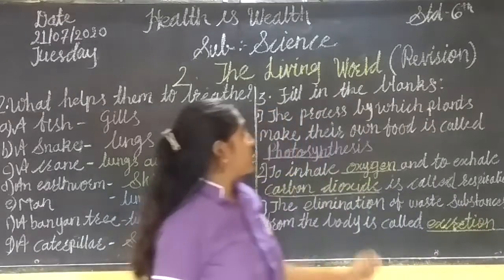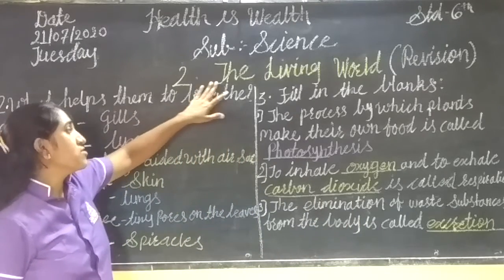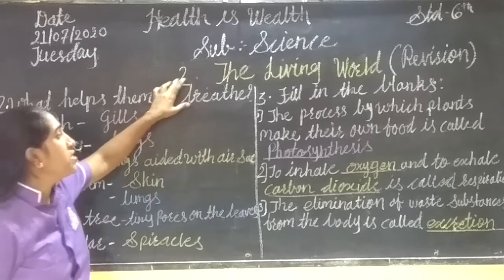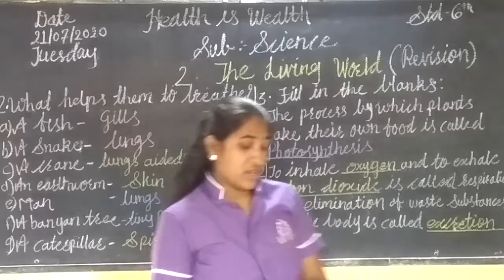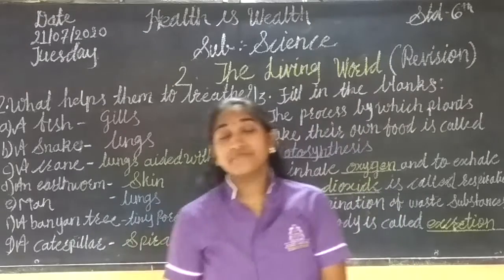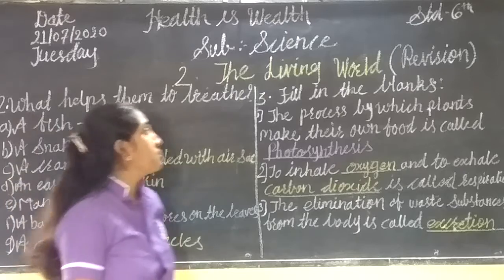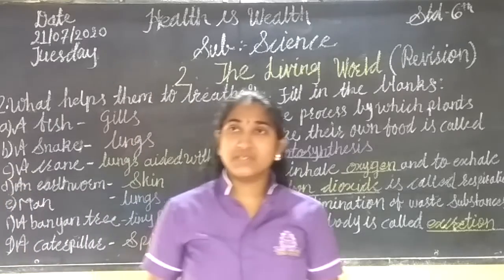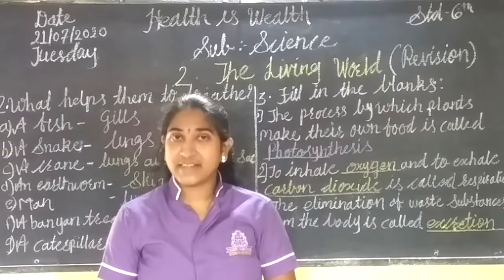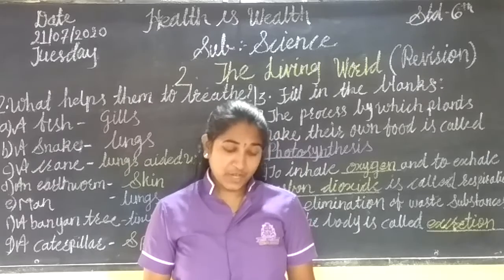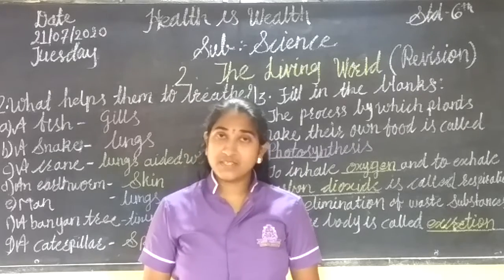Students, today we are going to start our revision of lesson number 2, the living world. We already learned about the living world, right? There are different plants, animals, their characteristics. Today we are going to do this revision.